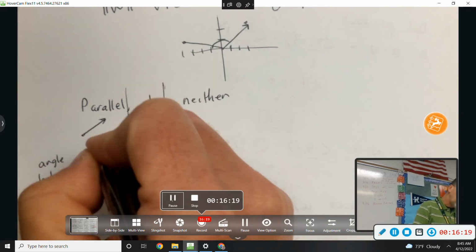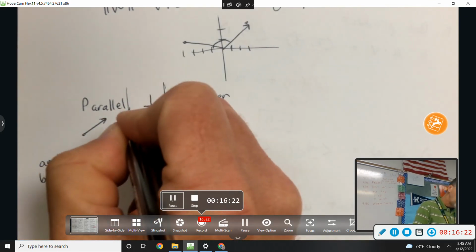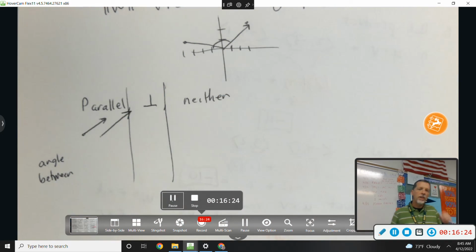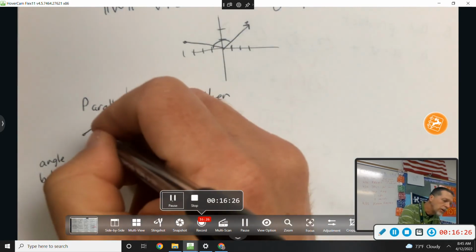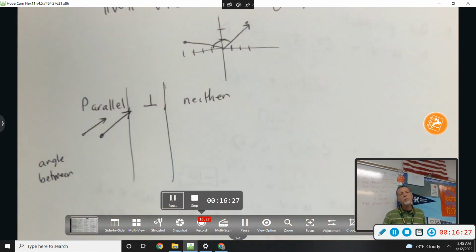Let's see. So there's two parallel vectors. If I put their starting points at the same spot, what would the angle between those two vectors be? What's that? Somebody said it, I think. Pardon? 0.